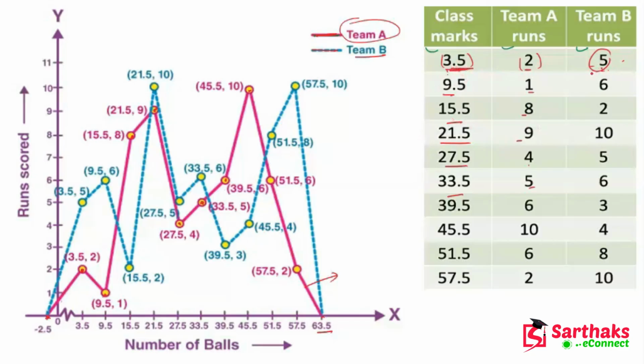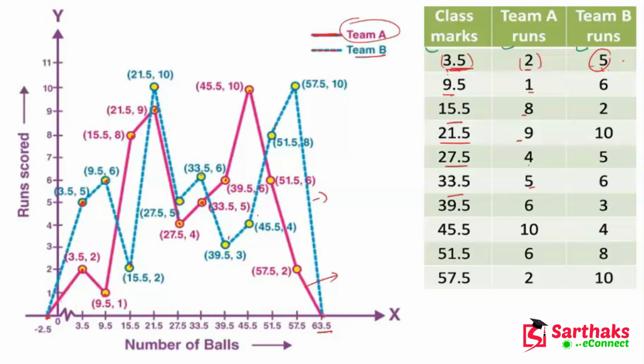This is the first point, the second point, the third point, and so on up to the last, which is 13. If we join these points, we get the frequency polygon of team B. I hope you understand these things, my dear friends. So these are the frequency polygons.